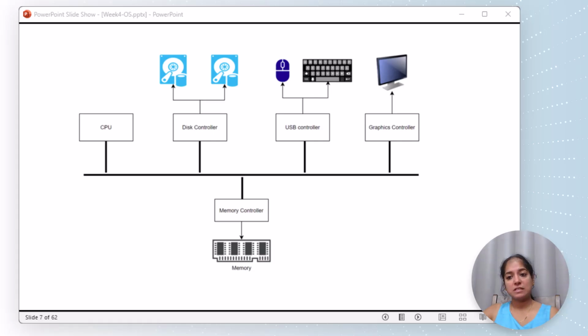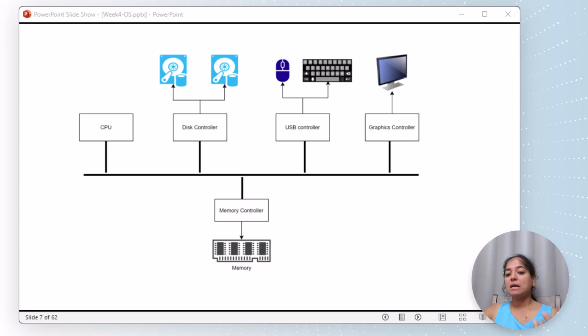Devices have special registers for communication, like the data in register and data out register. The data in register holds data read from the device, and the data out register holds data to send to the device. The status register maintains the status of the device, like ready, busy, or error. And control registers let the CPU configure device modes or issue commands.